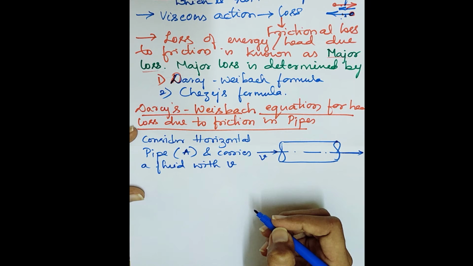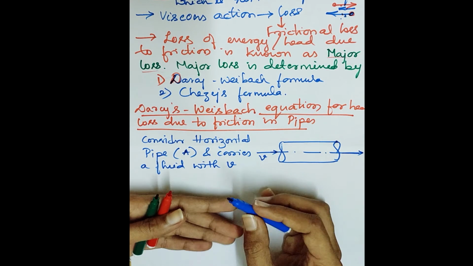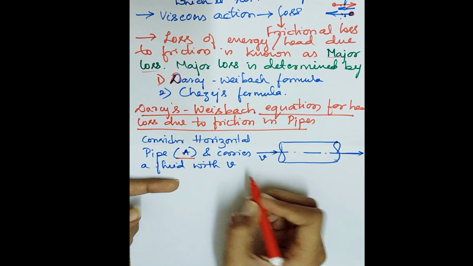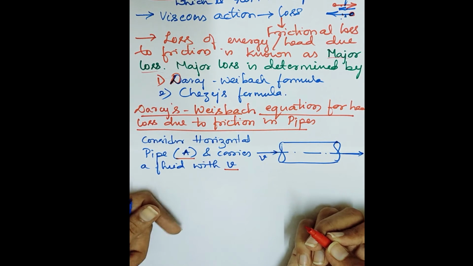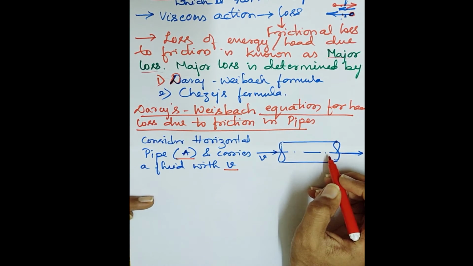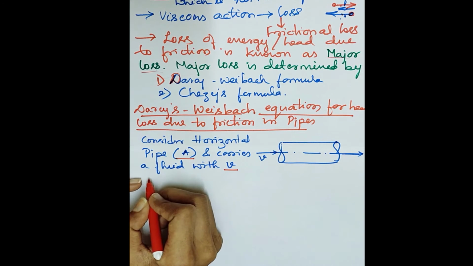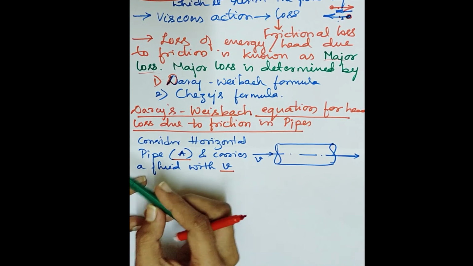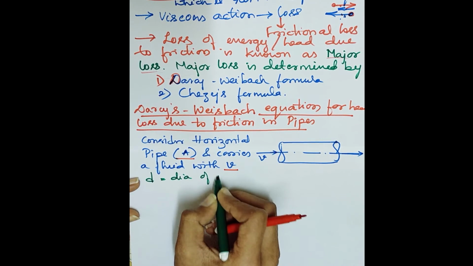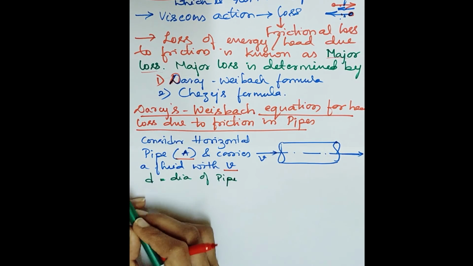V is the velocity of the flow, the area of the pipe is A, and D is the diameter of the pipe.